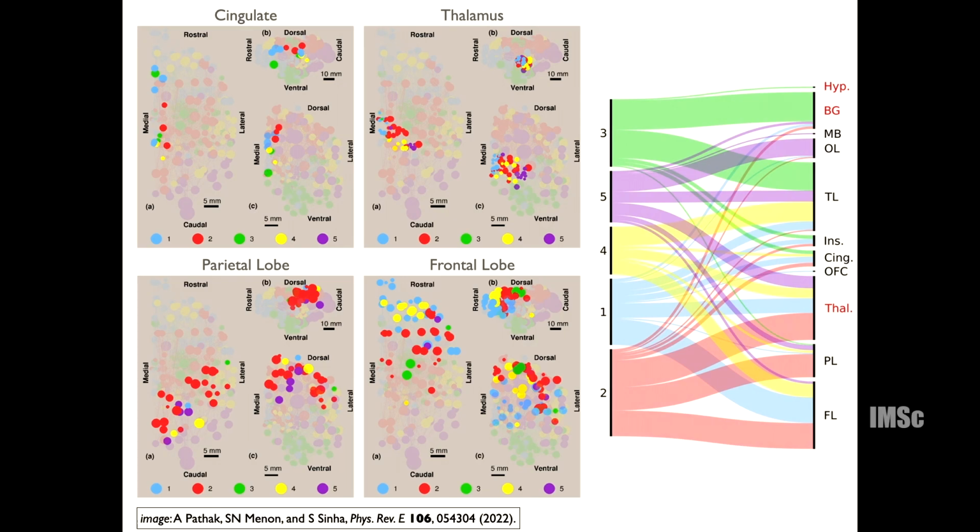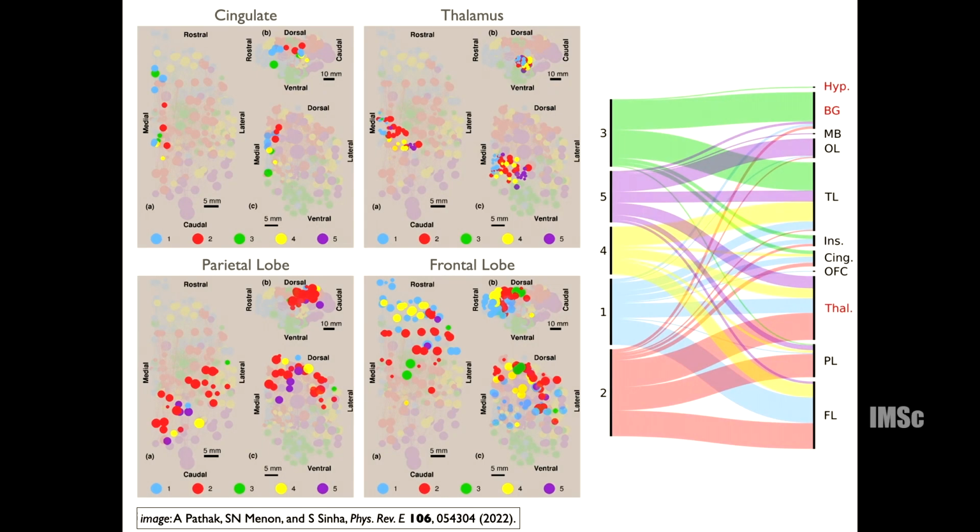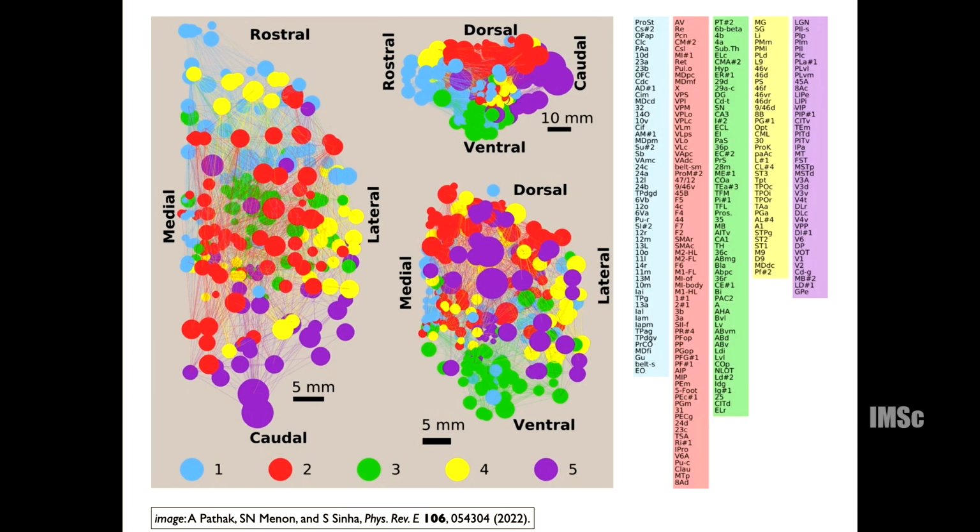So what does that mean? Is that useful information? Well, we explored this further. We said, all right, let us look at all the regions that belong to, so basically go back to this table over here, this whole thing.